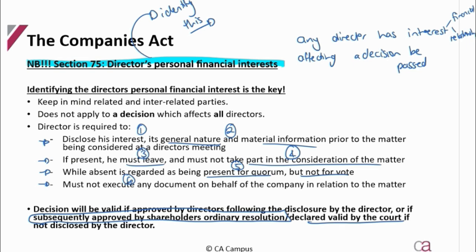If it's not declared valid by the court, or an ordinary resolution was not passed by the shareholders authorizing it, the decision is not valid because they contravened Section 75.